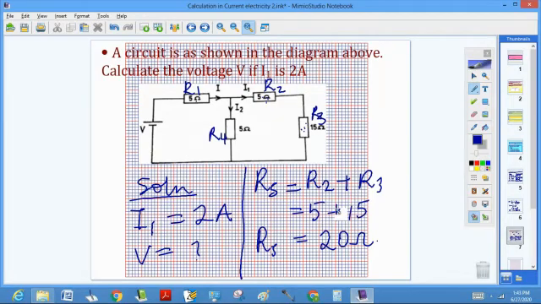So RS is 20 ohms. Moving ahead, we have to find R parallel.